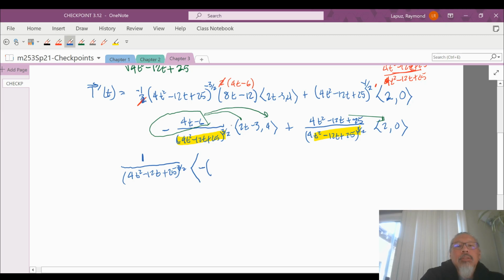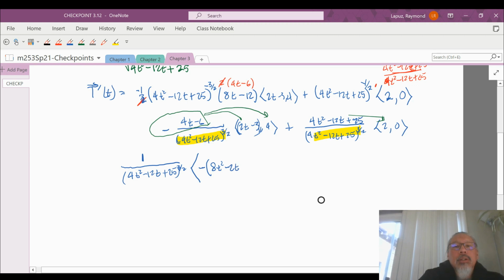So this will be a 4t times 2t, that's 8t squared. 4t times 4 is 16. Oops, 4t times 3, I'm multiplying it with this first. That would be negative 12, and then 6 times negative 2, that's negative 12 again, so that's going to be a negative 24t.